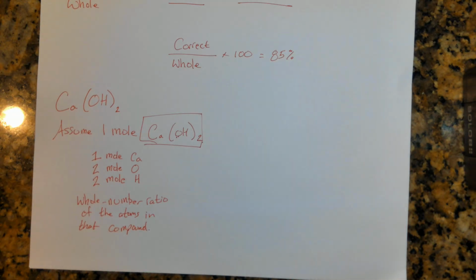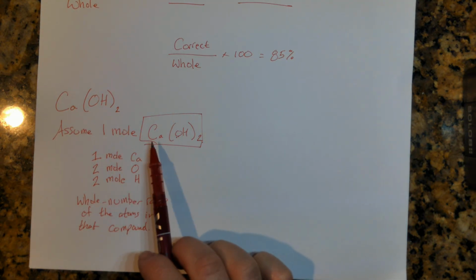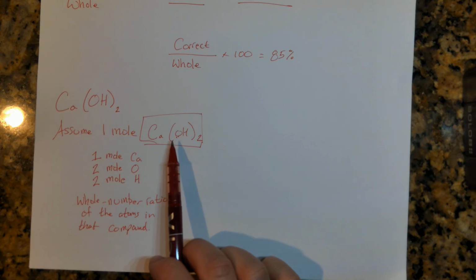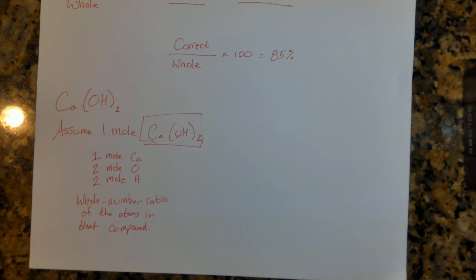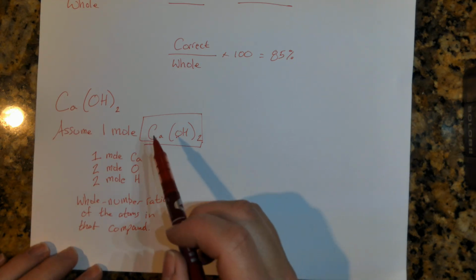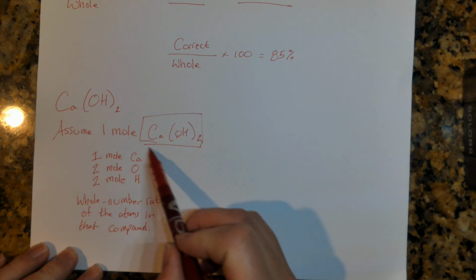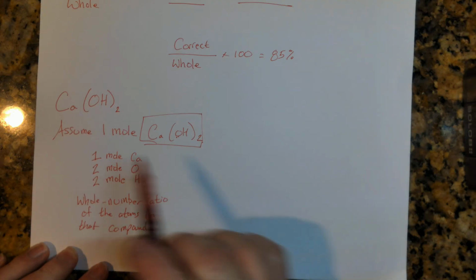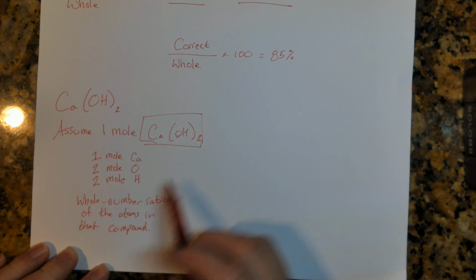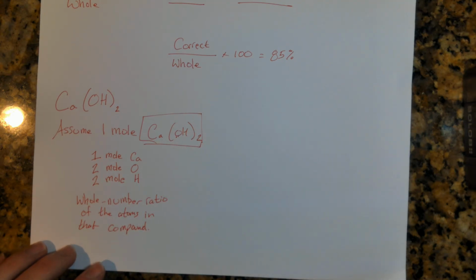And so just like I could say, for every dozen of these, there's going to be a dozen calcium and 2 dozen oxygen and 2 dozen hydrogen. I can say for every ream, remember a ream is 500, of calcium hydroxide, there's 500, or 1 ream of calcium, 2 reams of oxygen, and 2 reams of hydrogen, right?